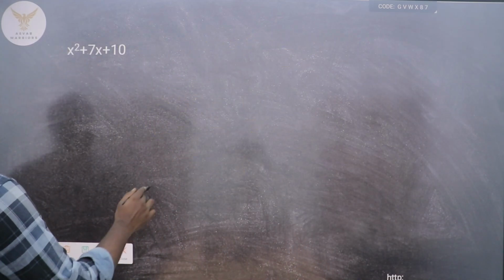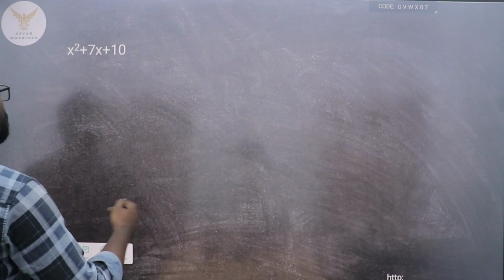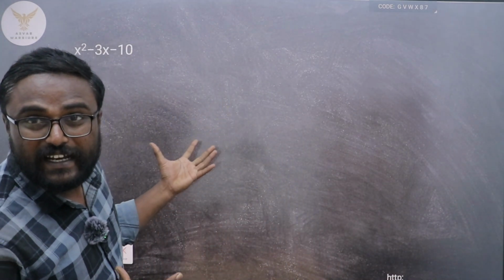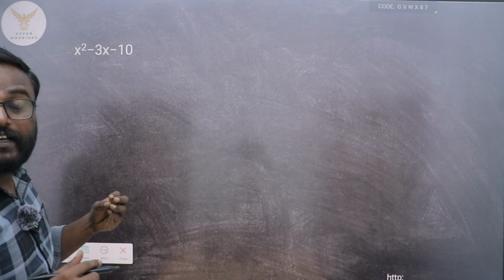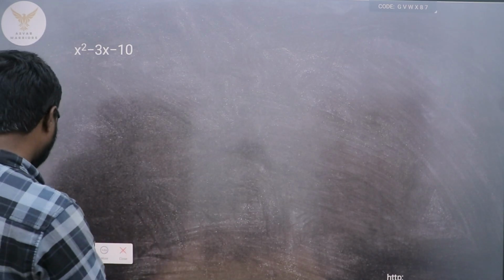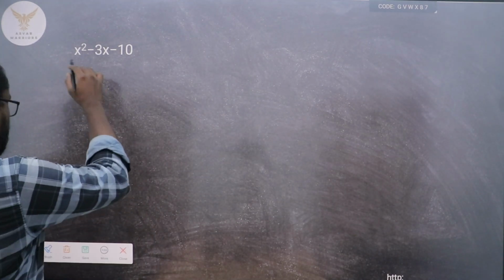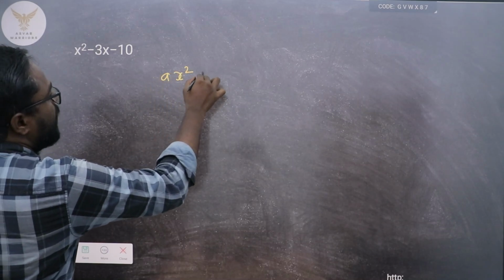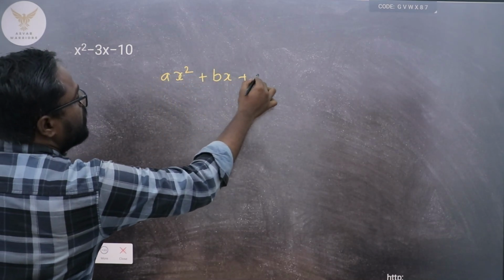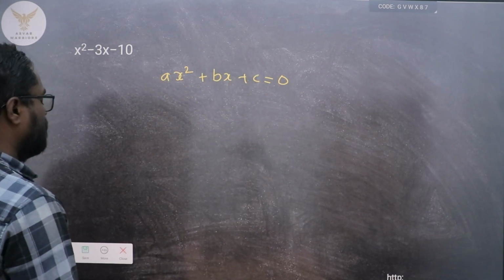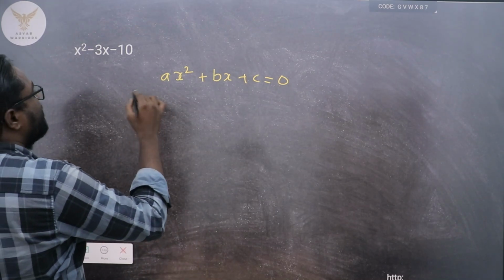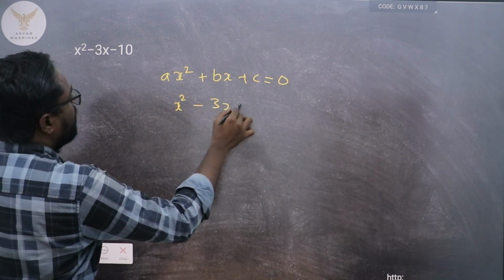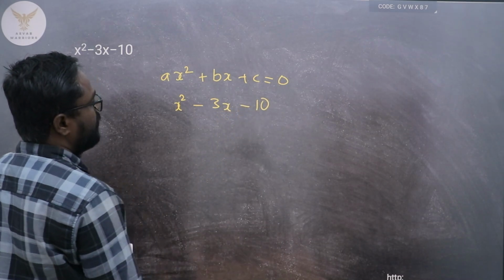Now let me take one more question, and here there is going to be a negative value, so that you guys can get more clarity about solving it. Let's say ax square plus bx plus c is equal to 0. I'll write x square minus 3x minus 10.